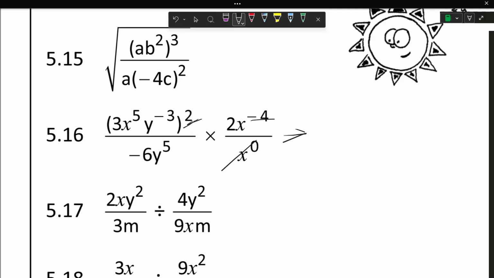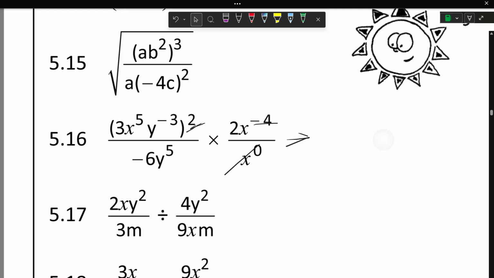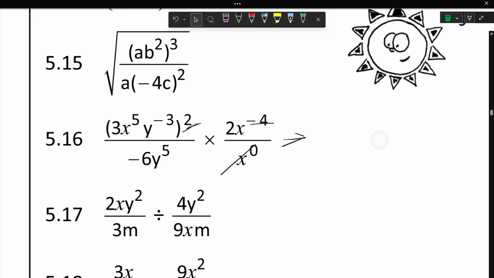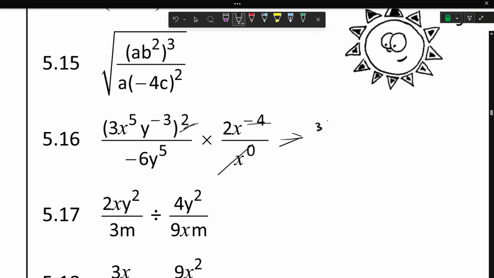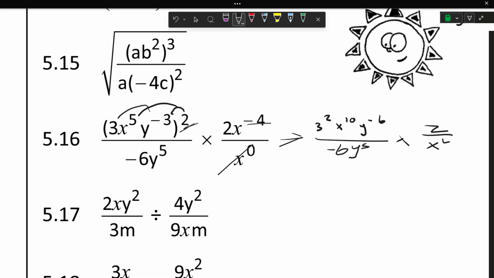So what we can do is we can take 3 squared x to the 10 y to the negative 6, because we've multiplied this exponent in. Remember, guys, it multiplies in according to your rules, over negative 6 y to the 5 times 2 over x to the 4, because remember, guys, negative exponent, it goes on the bottom now.